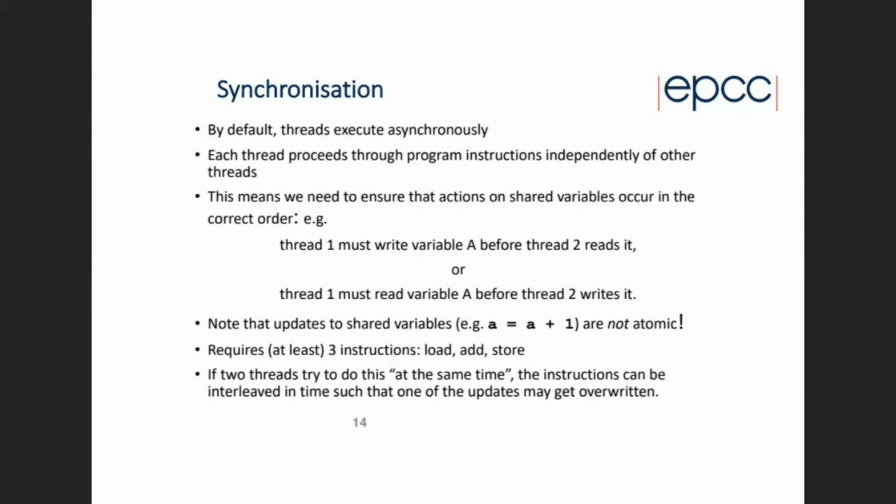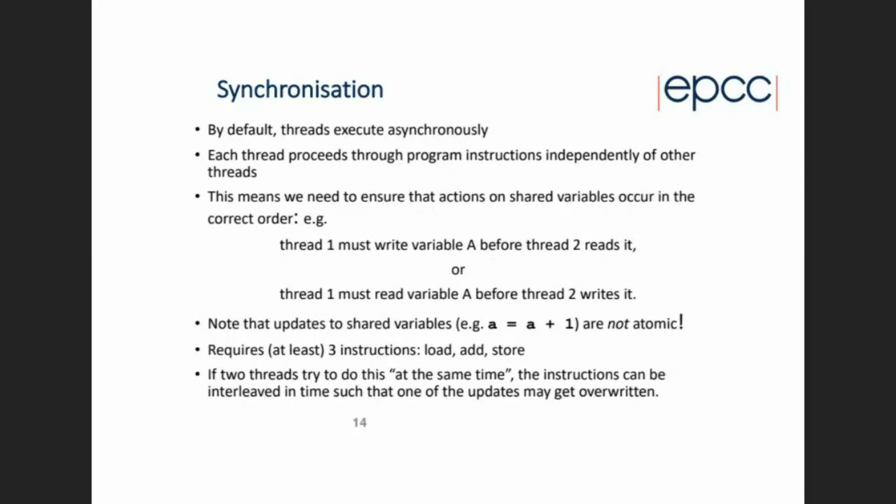And that's because if you think about what's happening at the assembly code level, then doing an update requires at least 3 different instructions. Okay, it requires a load of A from memory into the registers on the core. Then it requires the actual add instruction, which will produce the result probably in another register on the core, and then a store instruction to put the result from the register back into memory.